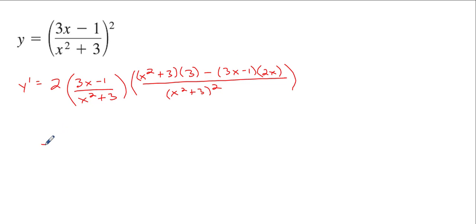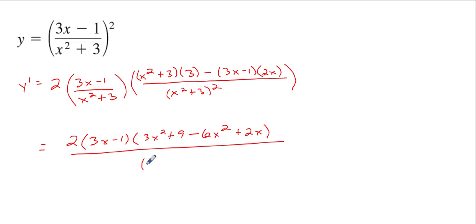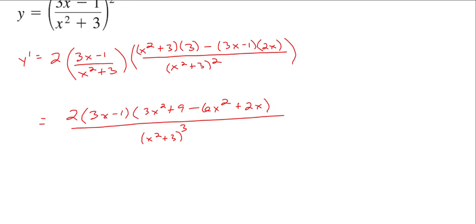Okay? Let's do that. So in the numerator, we're going to have 2 times 3x minus 1 times, what's that, 3x squared plus 9 minus, okay, 2x times 3x times negative 1, that would be negative 6x squared. 2x times negative 1 times negative 1 plus 2x all over x squared plus 3 cubed.